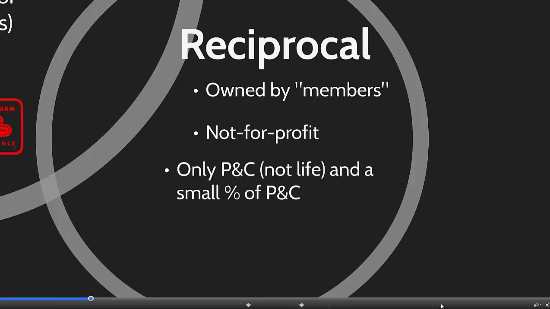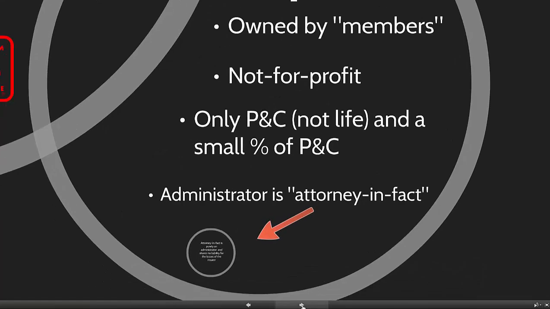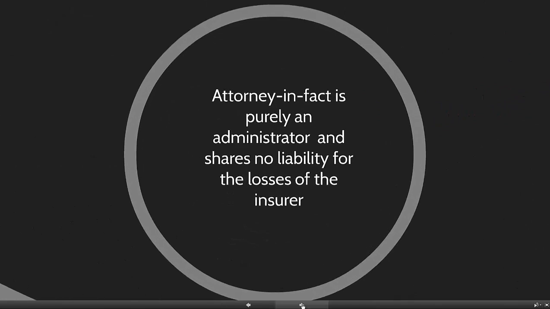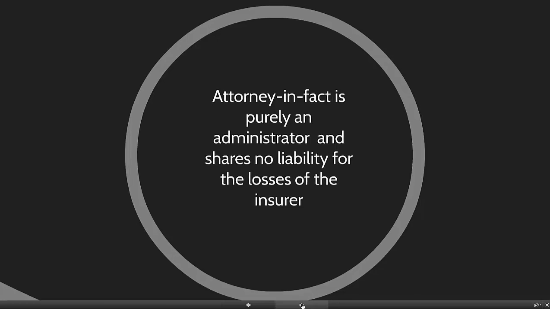Only a small percentage of property and casualty companies, no life companies, are reciprocals. The administrator of the reciprocal is known as the attorney-in-fact. The attorney-in-fact is purely an administrator and shares no liability for the losses of the insurer.